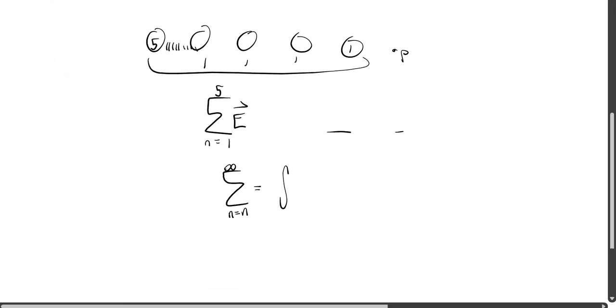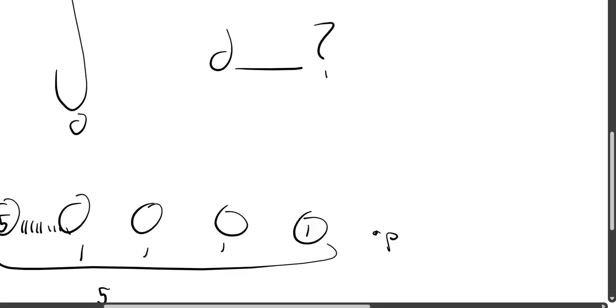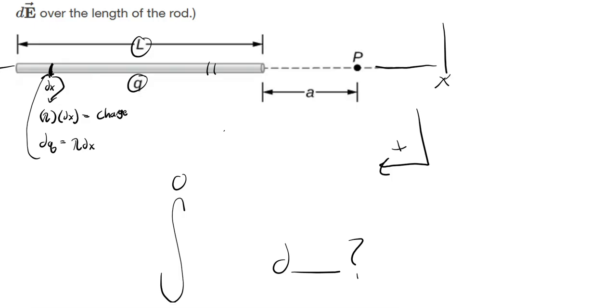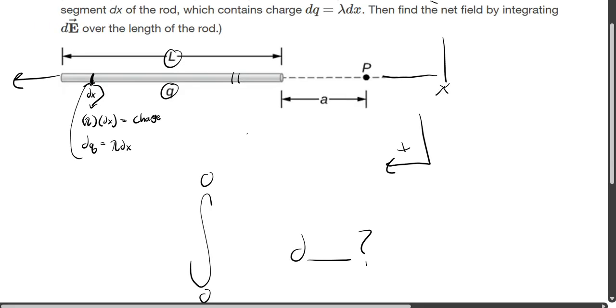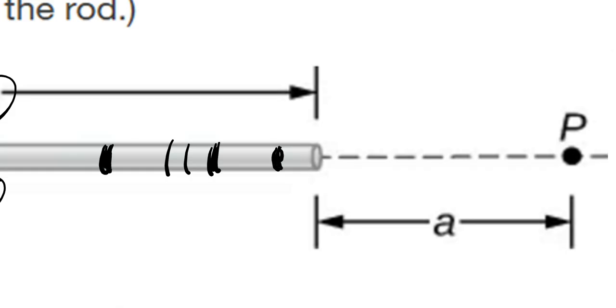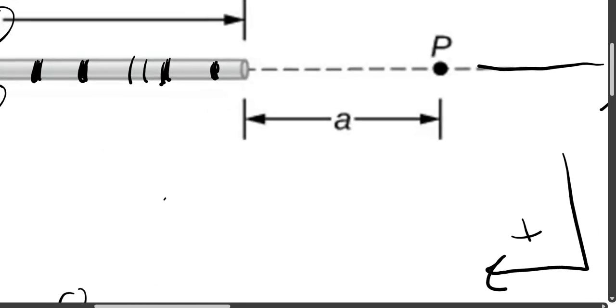Okay, so in that vein, the first thing we want to decide is what's changing? Because ultimately with an integral, something is changing. Otherwise we wouldn't be integrating to begin with. Well, if we look carefully at the problem, as we find the electric field due to this charge section, and this charge section, and this charge section, all of them differ from each other because the distance from here is some distance.